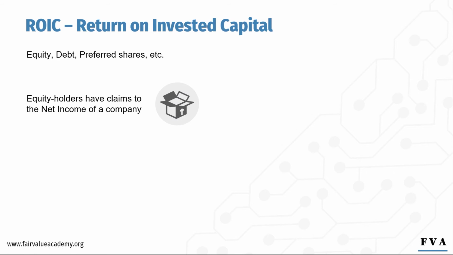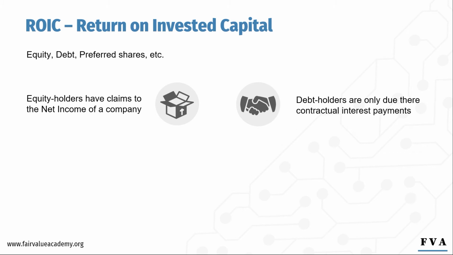So the very end of the income statement, which is net income attributable to equity holders, is what's due to shareholders. Debt holders are only due their contractual interest payments. What you agree upfront to pay them in interest and the repayment of capital and nothing more. No upside in profits. If the business does really well, debt holders get no upside.